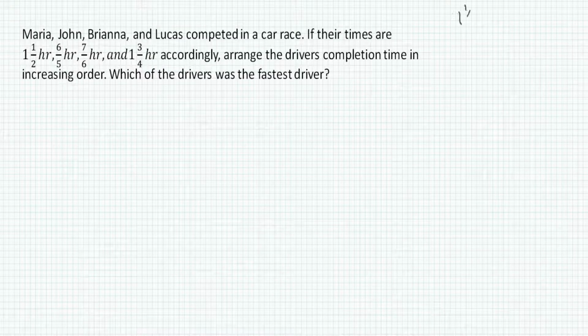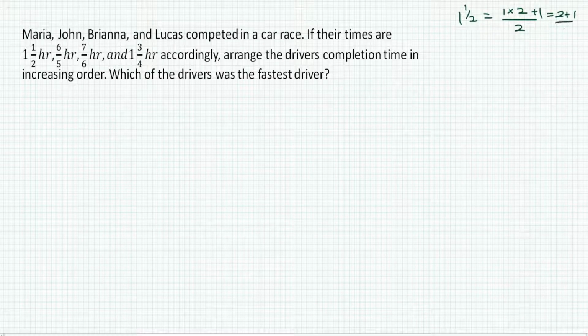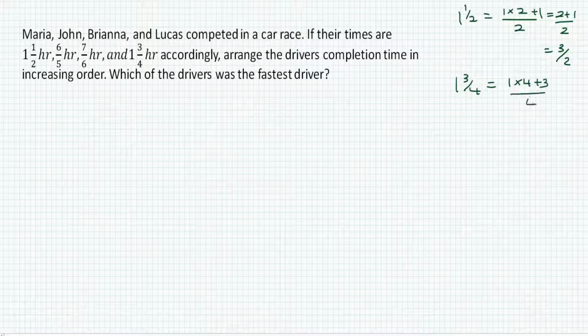So 1.5 is going to be 1 multiplied by 2 plus 1 over 2, which is 2 plus 1 over 2, and that gives us 3 over 2. The second one is 1 1/3, so that is going to be 1 multiplied by 4 plus 3 over 4, which is 4 plus 3 over 4, and now we have 7 over 4.